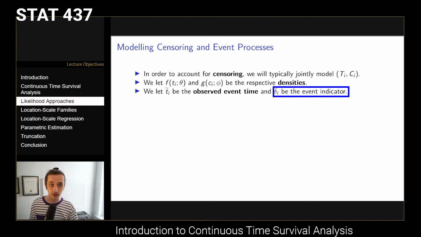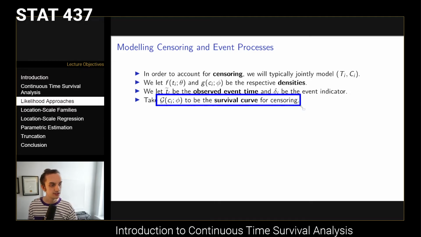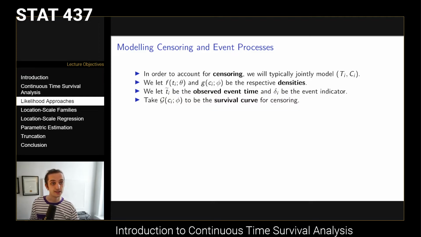Delta i is going to be a 1 if we observe the event, and it's going to be a 0 if we observe them being censored. Now we're also going to introduce this fancy G notation here, and that's the survival curve for the censoring distribution. It corresponds to S, the S that we've been thinking about for T, except it's the survival curve for our censoring process.